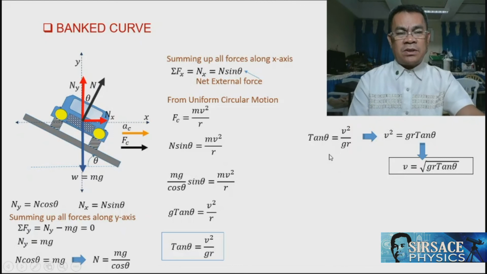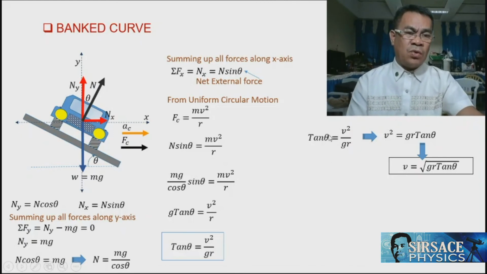Okay, suppose we will reverse the process. We want to know how much is the angle if you want to have that velocity. For example, in our previous problem, the maximum velocity requirement is 46 point something, and you want to have it at 50 degrees. So you have to substitute it here, then solve for the angle.